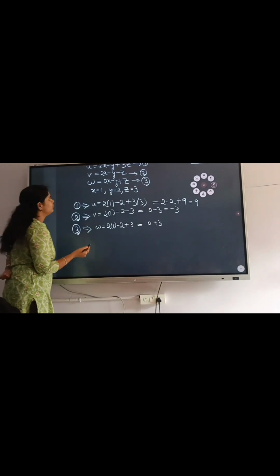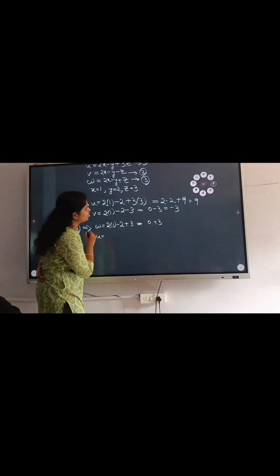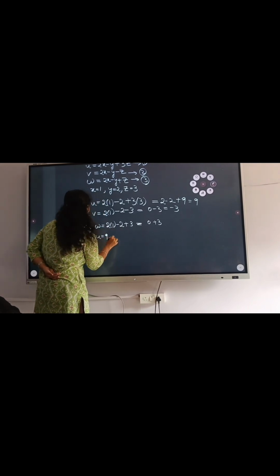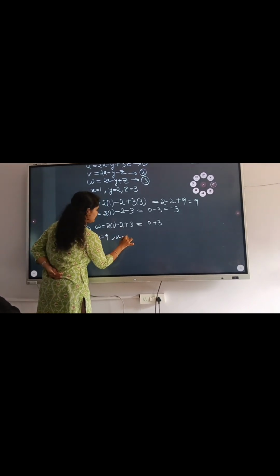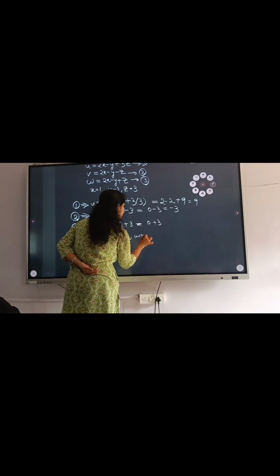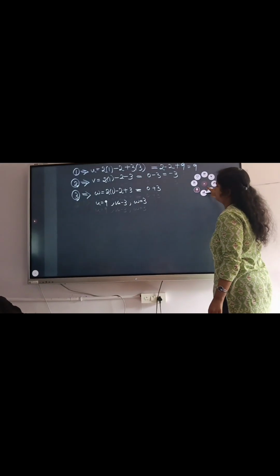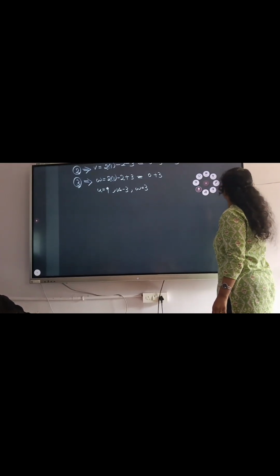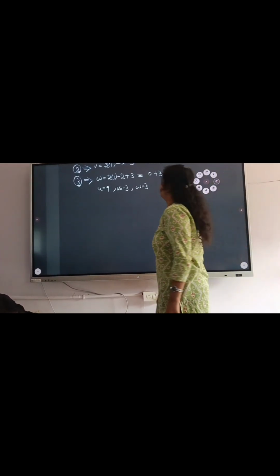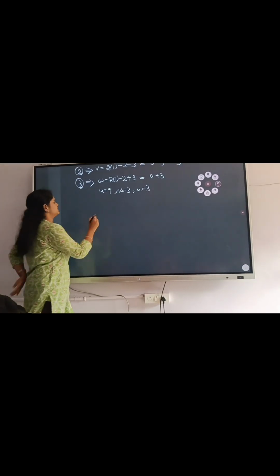So the values are u equals 9, v equals minus 3 and w equals 3.